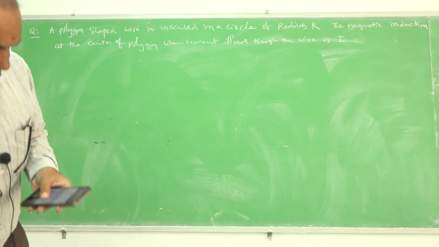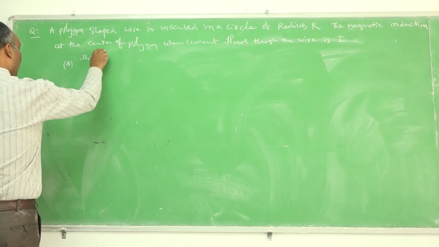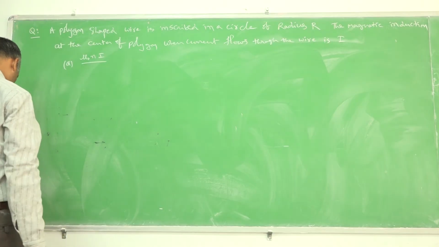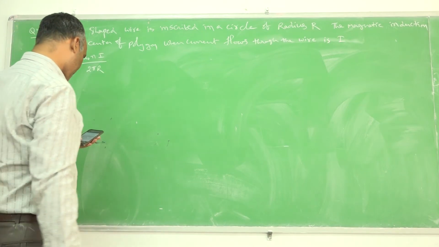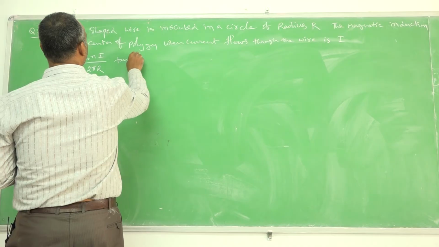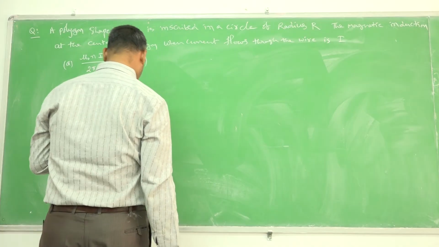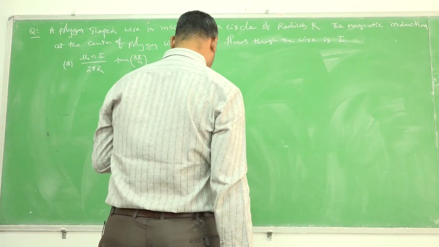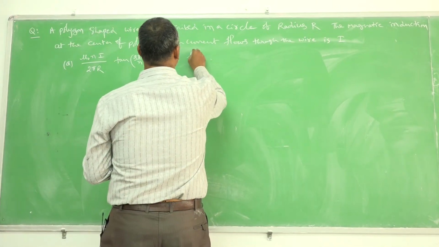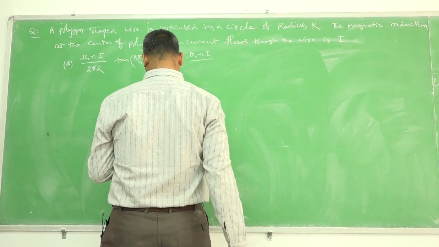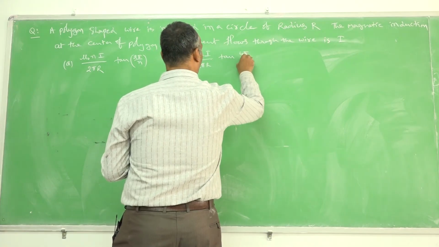First option is mu naught Ni by 2 pi r tan 2 pi by n. Second option, mu naught Ni by 2 pi r tan 4 pi by n.